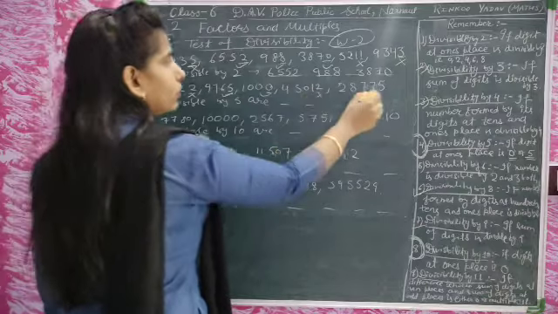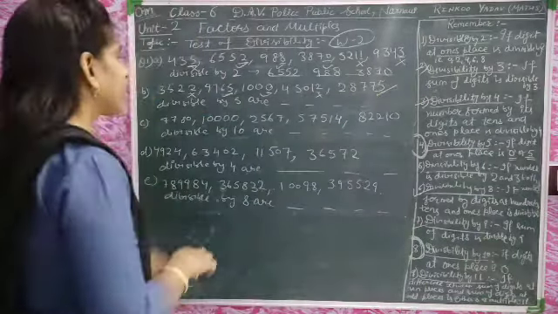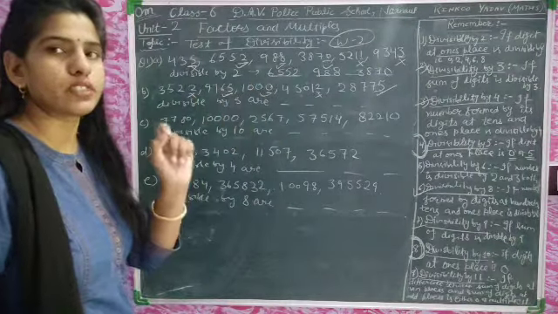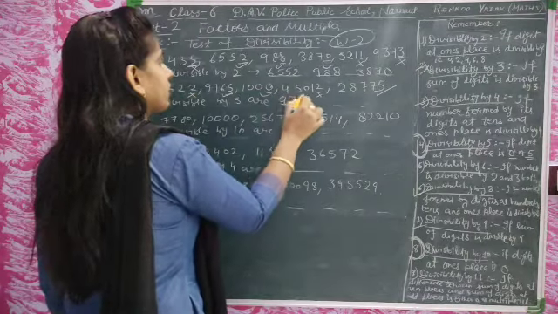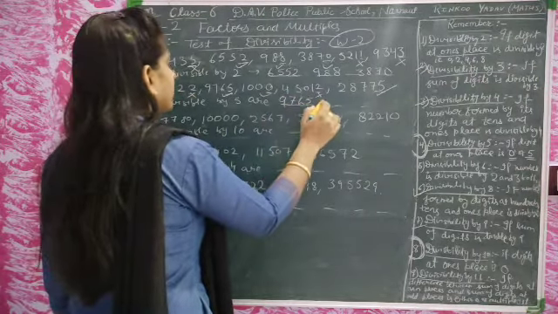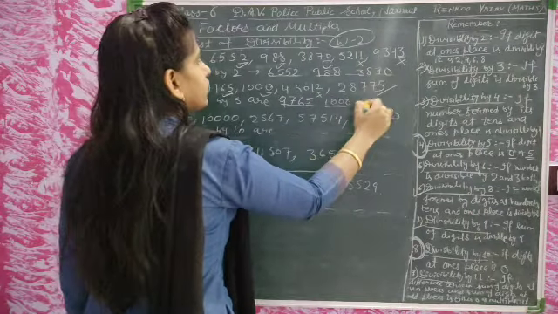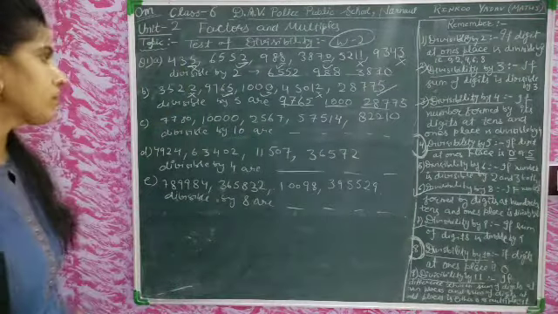This, no. 5, yes. If the last ones place digit is 0 or 5, then the number is divisible by 5. So the numbers are 9765, 1000, and 28775, which are divisible by 5.